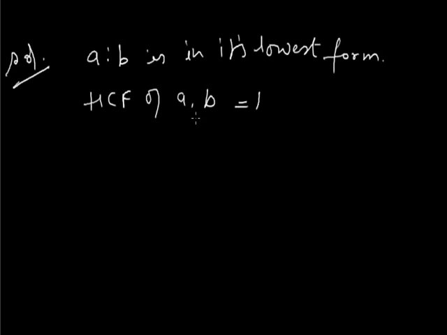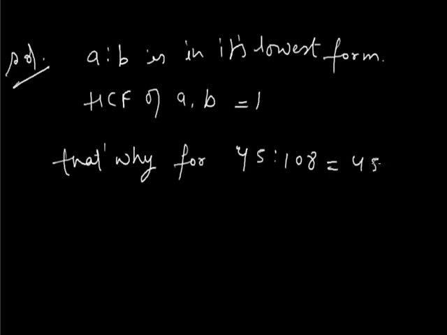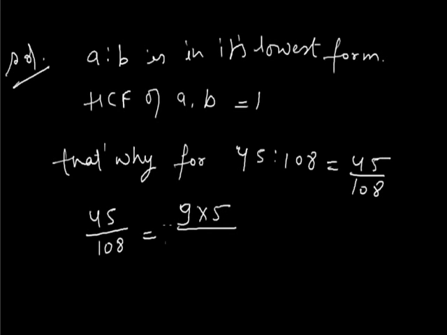So 45 is to 108 can be written as 45 upon 108 in its fraction form. 45 can be written as the product of 9 and 5, whereas 108 can be written as the product of 9 and 12.